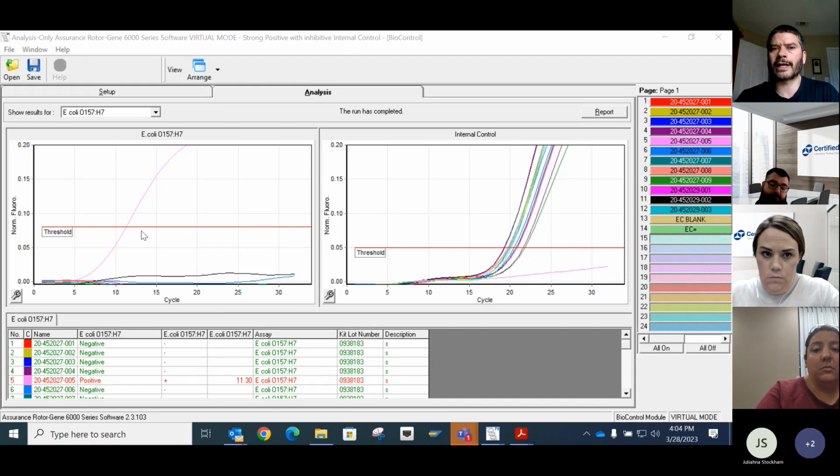Where you'll see something like this occur more often would be in the Listeria assay, and that's due to the longer incubation time. If a sample has a decent number of starting Listeria cells at the beginning of the enrichment, with the enrichment time being definitely in the 30 plus 24 hours, you're going to see a lot higher cell counts post-enrichment.